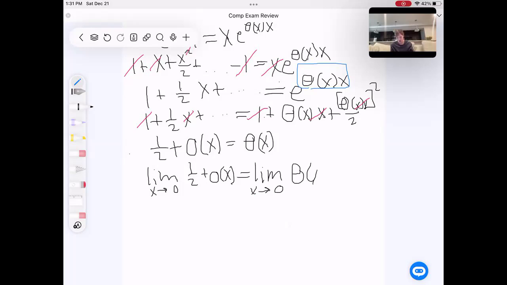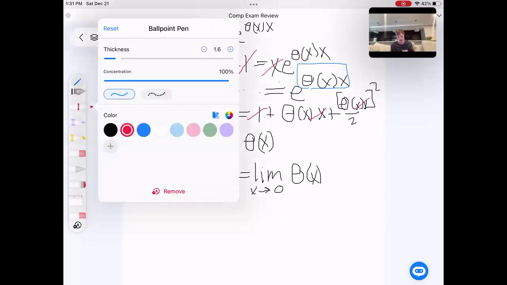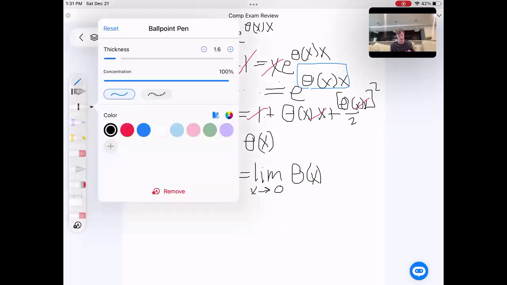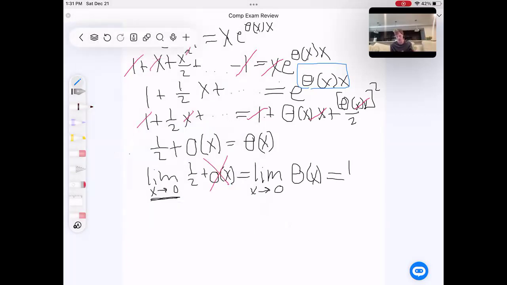And basically all the stuff that's in terms of x is going to drop out, because x is going to 0. This is our star player. This is what allows us to say that the limit as x approaches 0 of theta x is just equal to 1/2. So this is what we really are concerned with.